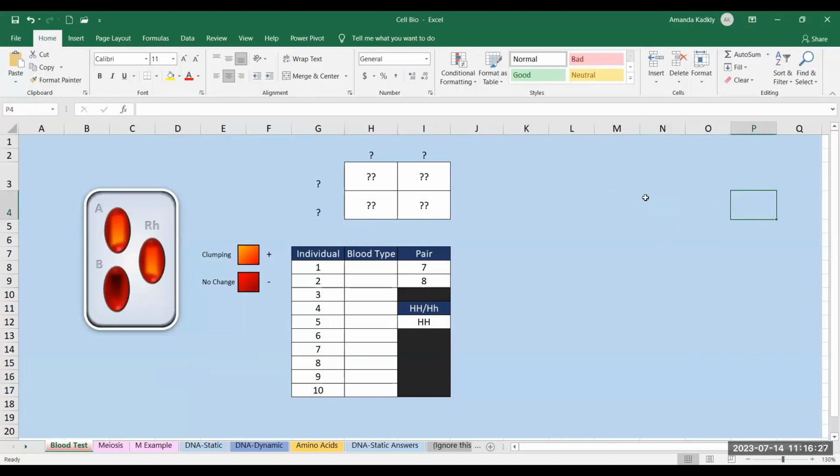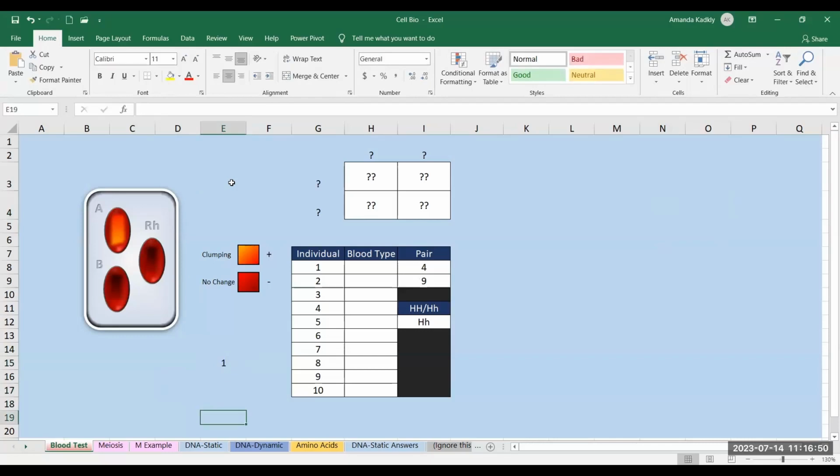So this is what the cell bio spreadsheet looks like if you're doing this in Excel. You can press F9 or just type in the spreadsheet. It doesn't matter what you type. It will just keep changing. So you can think of that as a unique person.